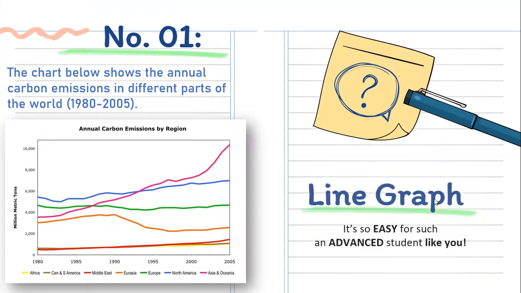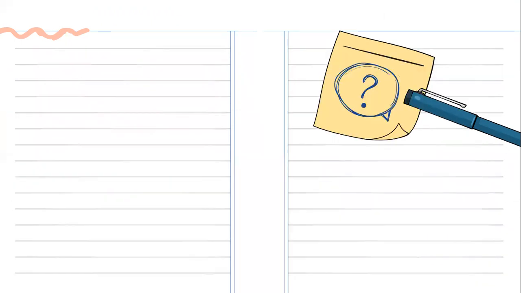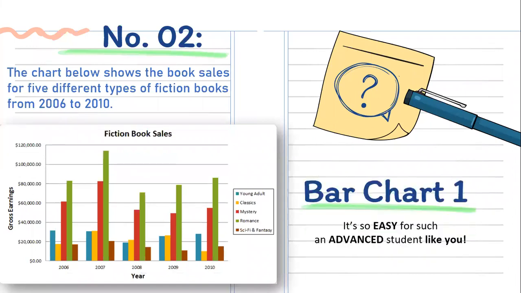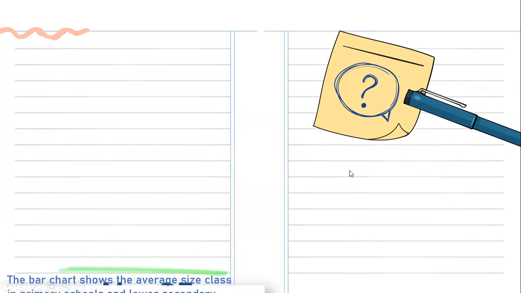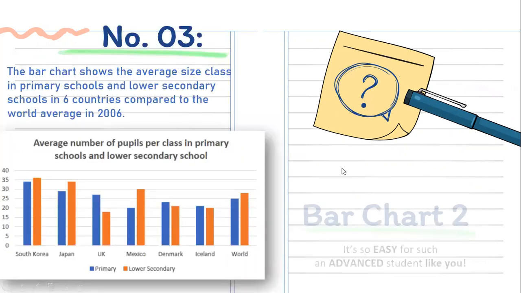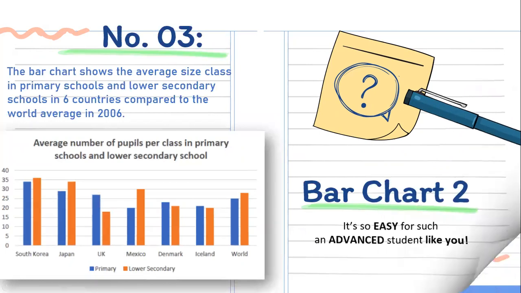This is obviously a line graph, and it is so easy for such advanced students like you. Number 2 is bar chart 1, and number 3 is bar chart 2. So remember to write, and thank you for listening.